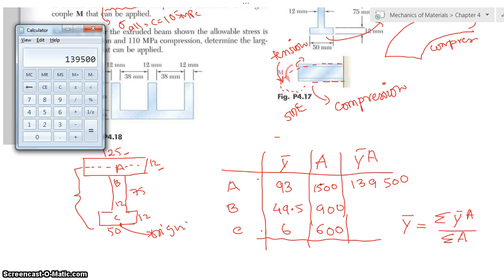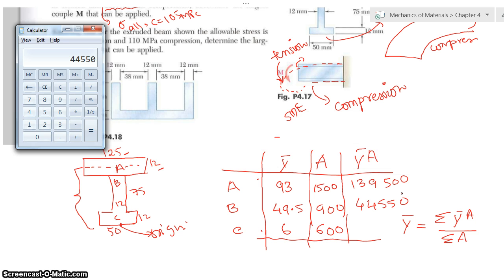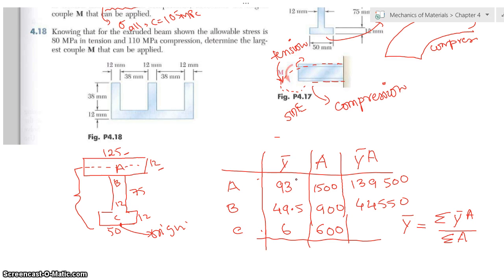And for this one it is 49.5 times 900, which is 44,550. And for the last one, 6 times 600, which is 3,600.